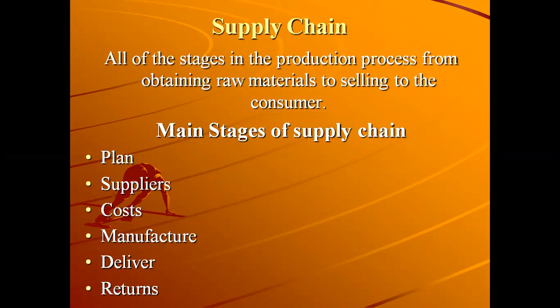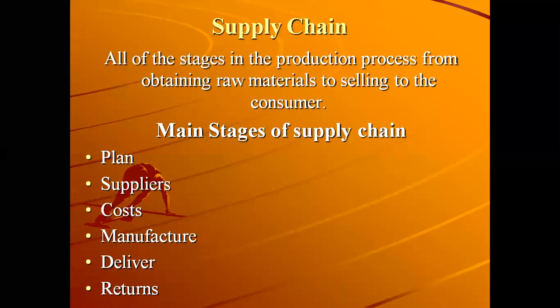If we are able to manage it, we call it supply chain management. It's a very critical part of every business. So what is written? Supply chain includes all the stages in the production process from obtaining raw materials to selling to the consumer. It means supply chain starts as soon as you start buying raw material from your supplier.